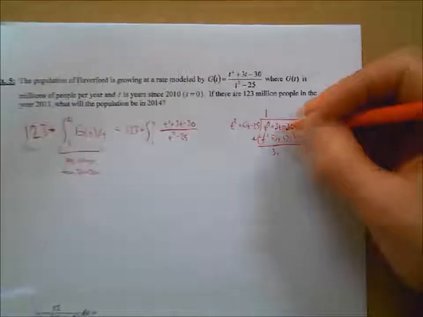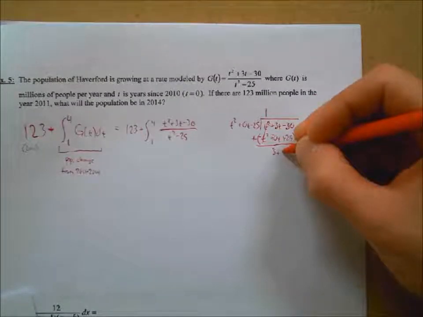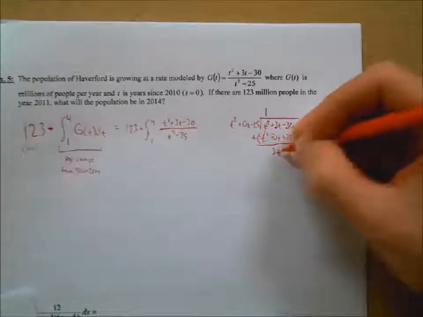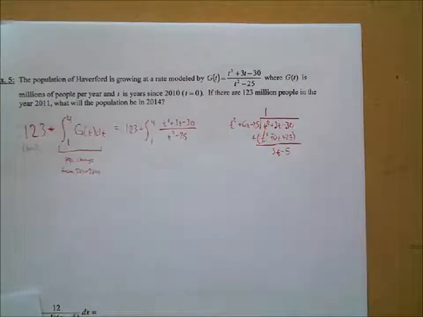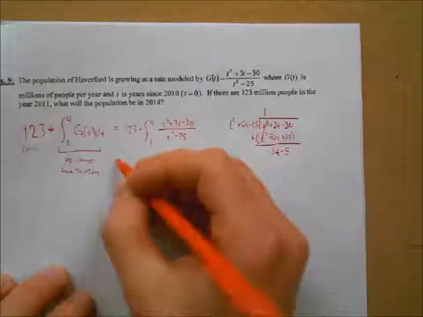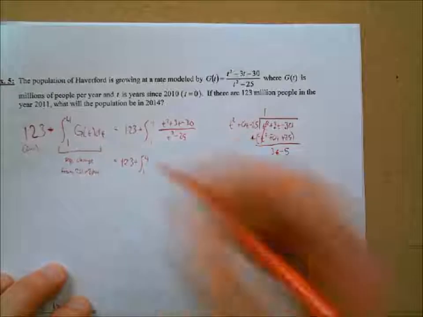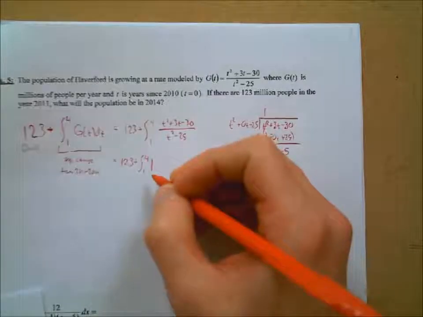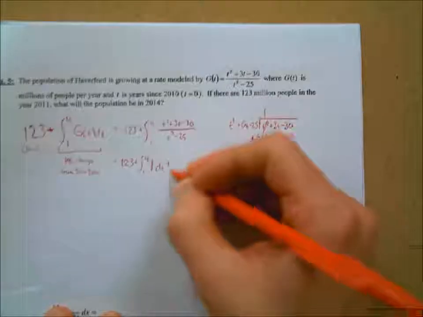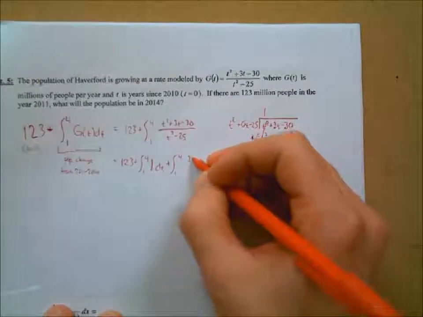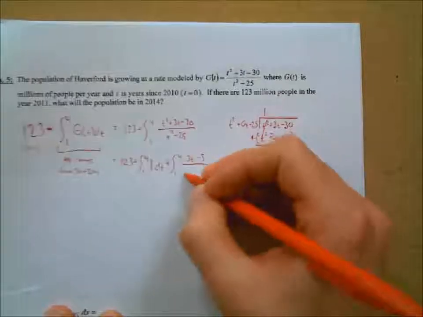Negative 30 and 25 is negative 5. So this is really equal to 123 plus the integral from 1 to 4 of 1 dt plus the integral from 1 to 4 of a remainder there, 3t minus 5 over t squared minus 25.